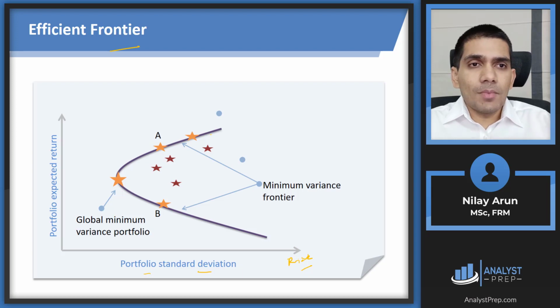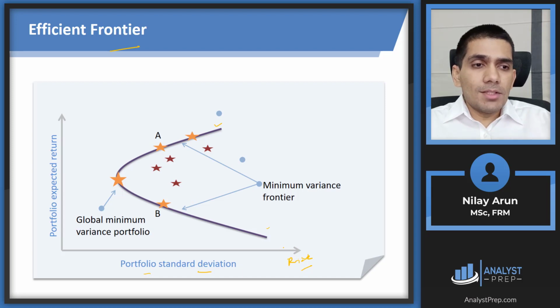Now what we do is, we plotted all the 20 different portfolios that we had, and we created this minimum variance frontier. So this is the frontier, the curve that you see, the entire curve starting from here, right till here, that is your entire minimum variance frontier. Now on this frontier, we identify one single point which has the lowest amount of variance. Basically, it's the least risky of the portfolios.